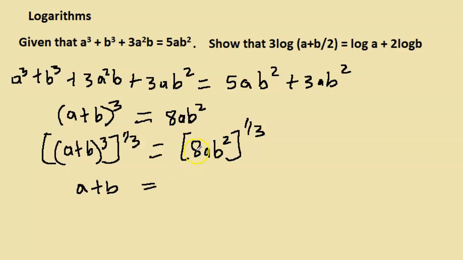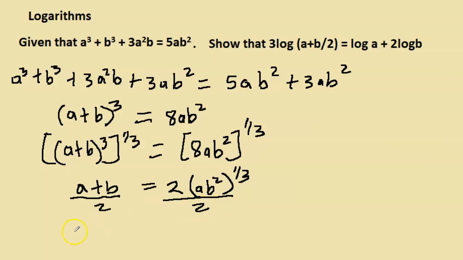Raise each of these terms to the power of 1/3. So 8 to the power of 1/3, the cube root of 8, that's 2. And then we are left with ab squared, and all of that to the power of 1/3. Now we can divide both sides by 2.